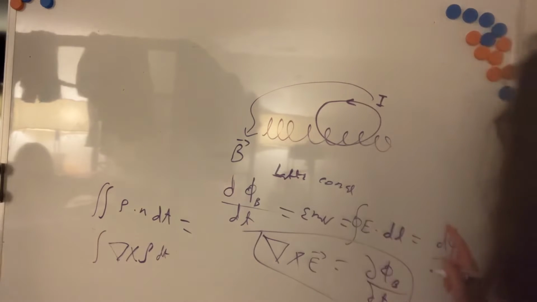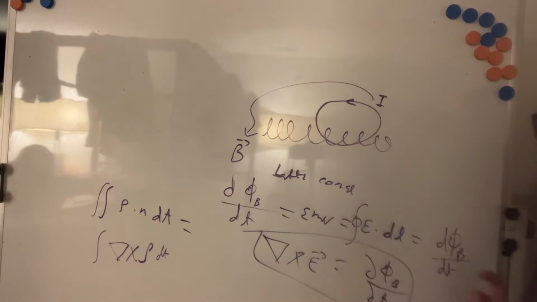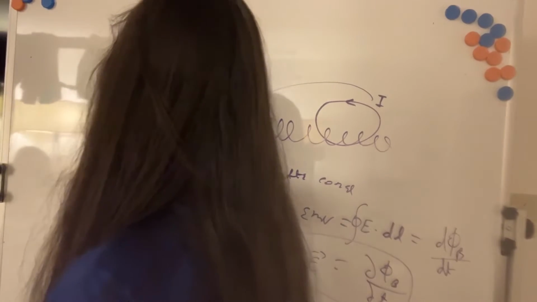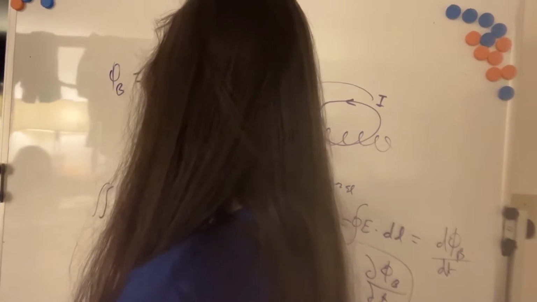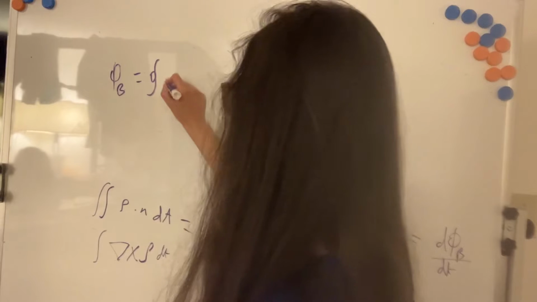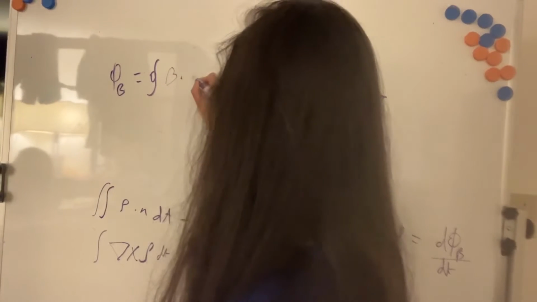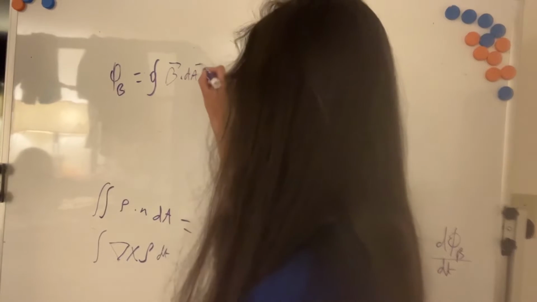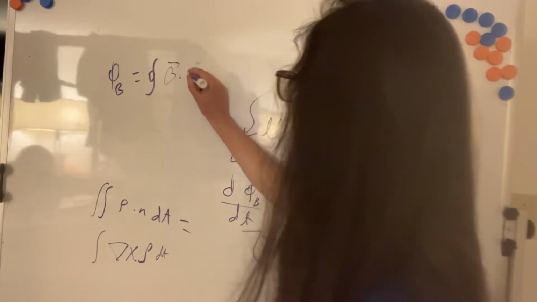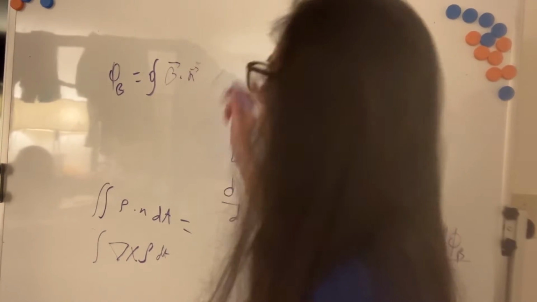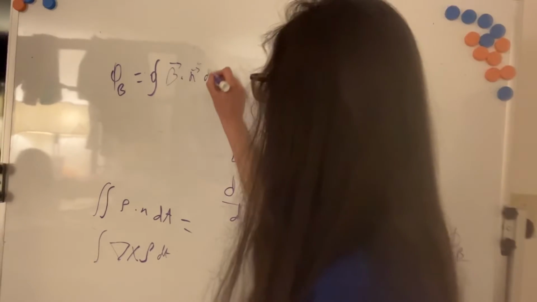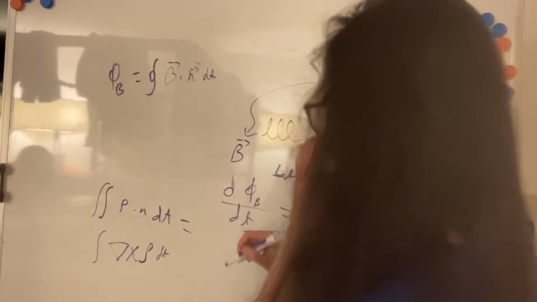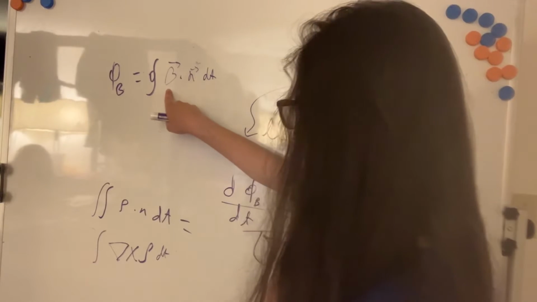Now here, we know that the magnetic flux is equal to the integral of the magnetic field times the area vector, or you can write it as the normal vector to the surface dot dA. So here we have a vector.